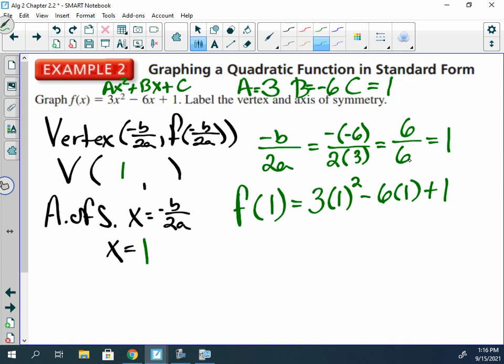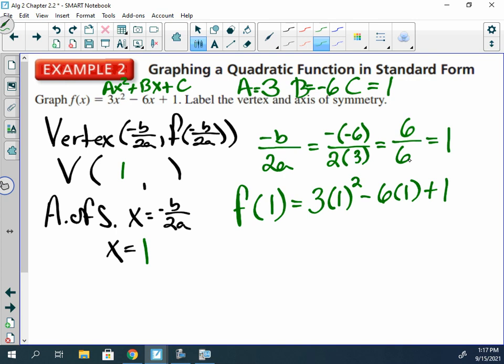Well, 3 something squared minus 6 times something plus 1. This should look familiar. Here's the equation, but what did I do? I replaced x with 1. Because f of x, we're plugging it back in.